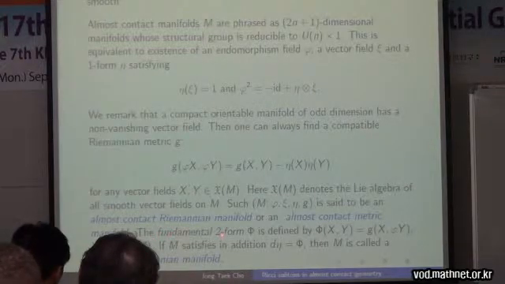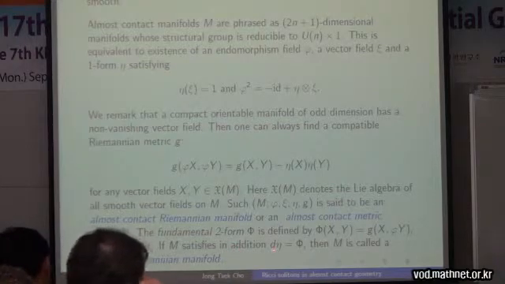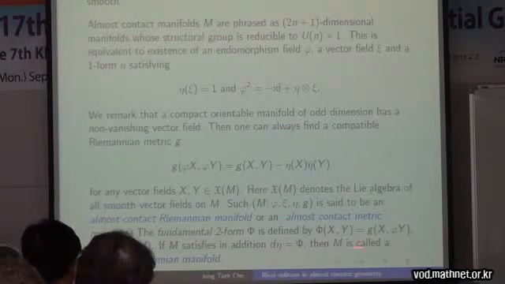Here the fundamental two form Phi is defined by this, and in addition if M satisfies d eta equals Phi, then M is called a contact Riemannian manifold.